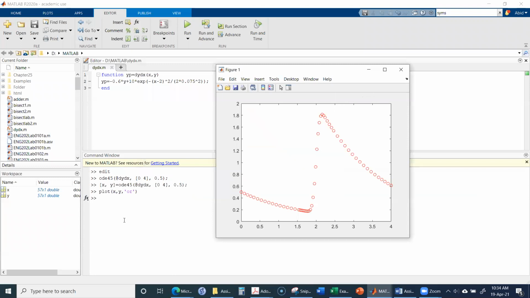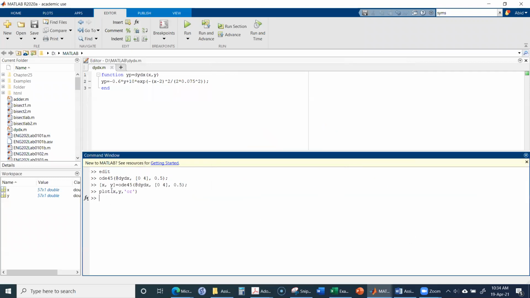So in this way, if we don't put x, y, we directly get this plot. If we put x, y, we get the values of x and y, and we can plot them with these commands in Matlab.